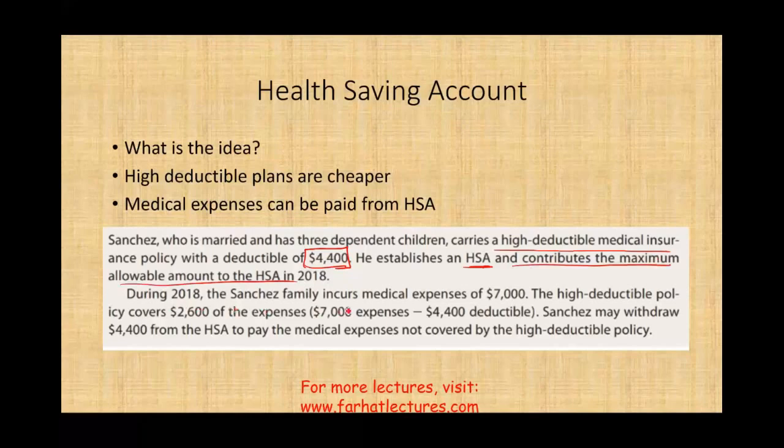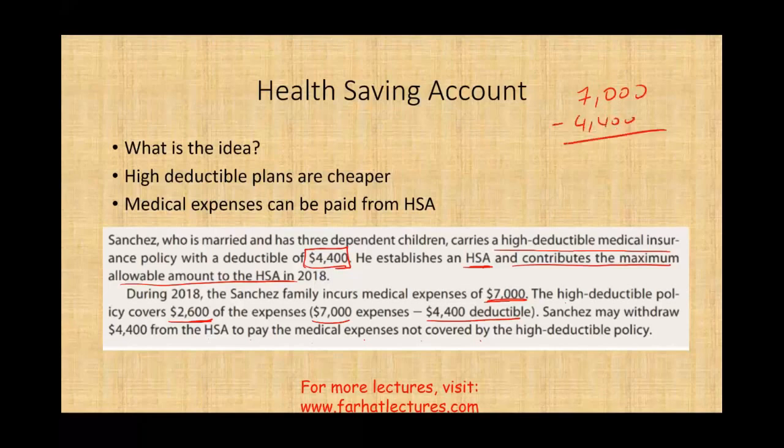During 2018, the Sanchez family incurred medical expenses of $7,000. The high deductible plan covers $2,600 of the expenses, which is $7,000 minus the $4,400 deductible. Sanchez may withdraw the $4,400 from the HSA to pay for medical expenses not covered by the high deductible plan. So simply put, they incur $4,000.